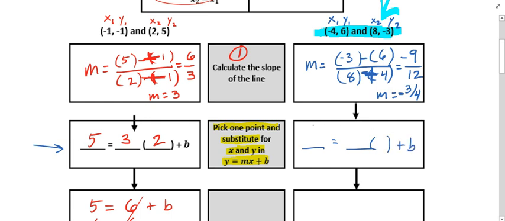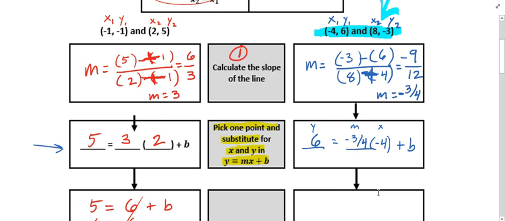Remember, this is going to be your y equals mx plus b. Okay, for the y, that would be 6 if I'm using the first point. If you use the second point, that's okay. We should get the same answer. Our slope is -3/4, and the x of that same coordinate is -4.